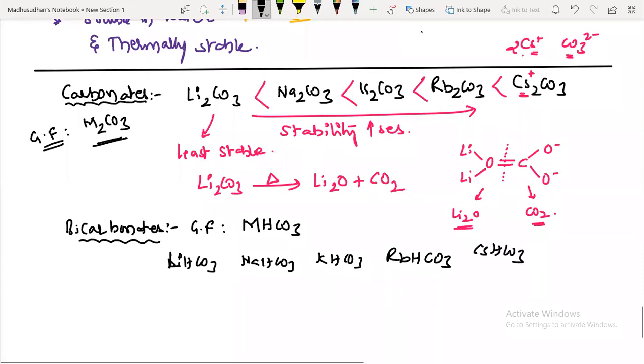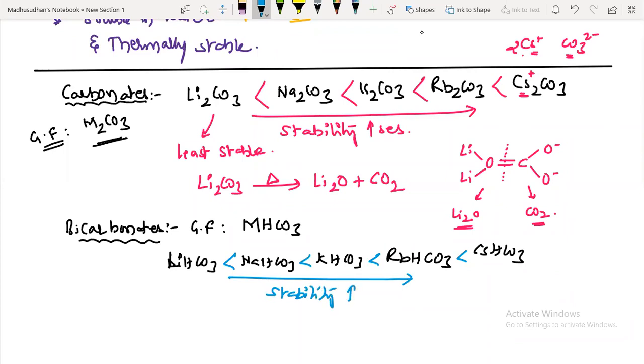Their stability also increases down the group. Here, one important property of lithium bicarbonate is that lithium bicarbonate is in the liquid state.